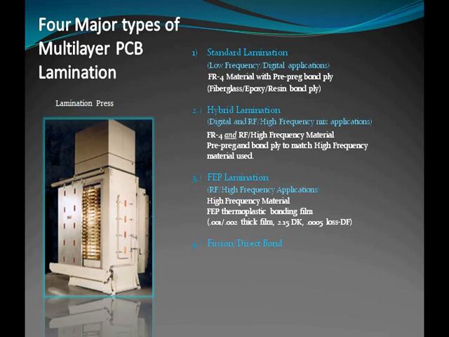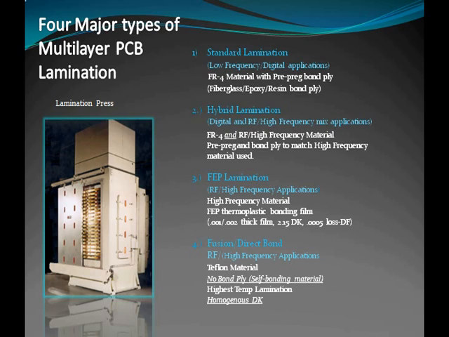The fourth type of lamination is fusion or direct bonding. Fusion or direct bonding is only used in the highest performance applications. In fusion bonding, only very high performance Teflon PTFE material can be used. In this type of lamination, no pre-preg or bond ply is used to bond the layers together.